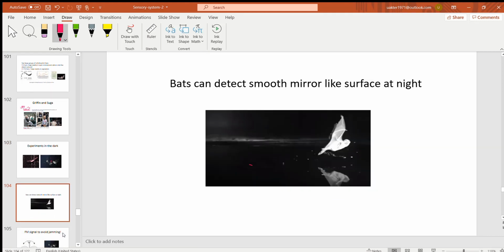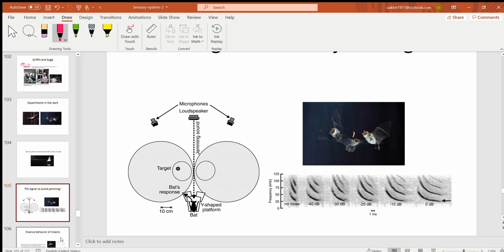So you see the water surface. Now, the difference between CF and FM. FM sound is broadband, right? The bats use the FM sound mainly to detect the distance of the object.